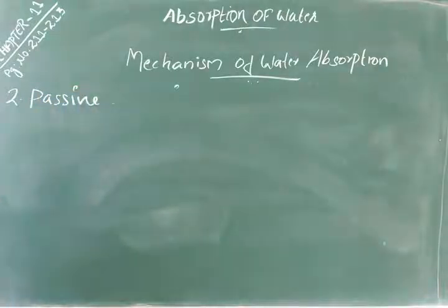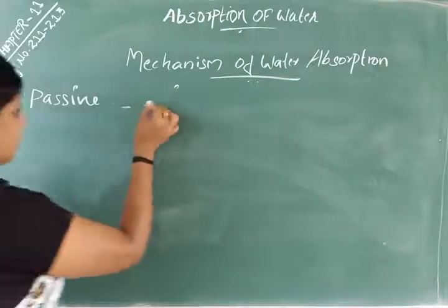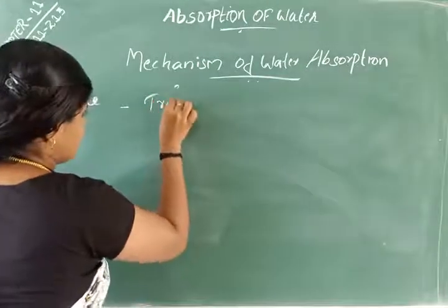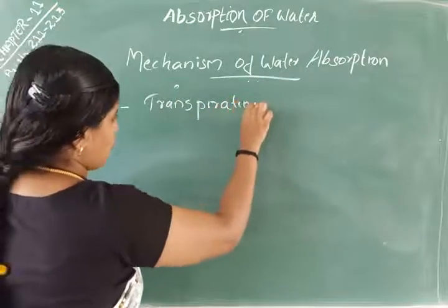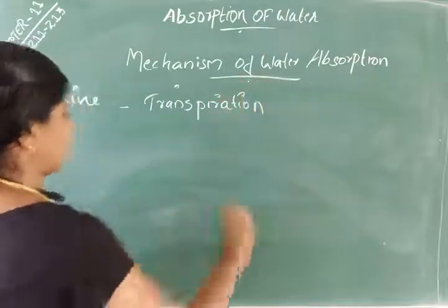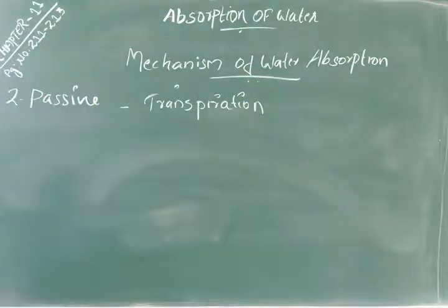Now, the passive mechanism of water absorption. It is regulated by the process called transpiration. There is no role for roots in this mechanism of water absorption. We know what transpiration is: the loss of water in the form of water vapor from the aerial parts of the plant.